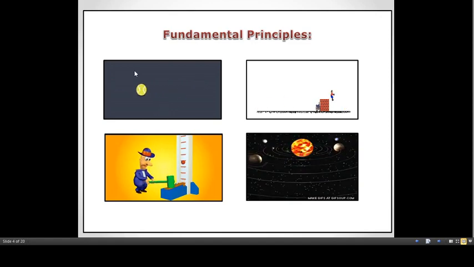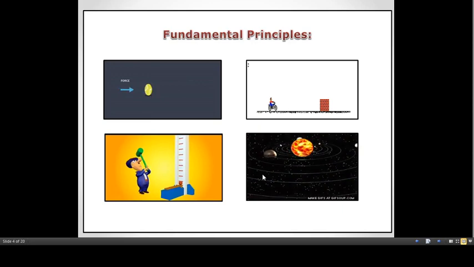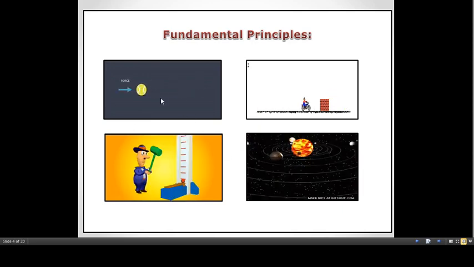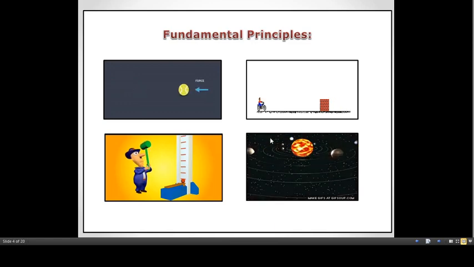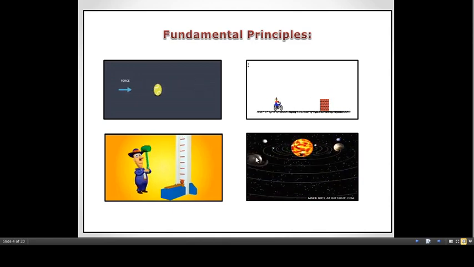Here we have seen the body comes into motion by application of some force. As per our definition, every body continues in a state of rest or of uniform motion in a straight line unless it is acted upon by an unbalanced force.